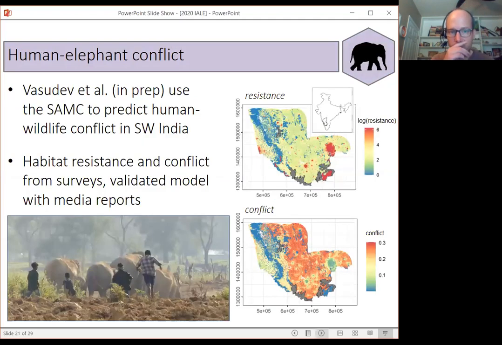Finally, we've applied this framework to human-elephant conflict in Southwest India, where Divya Vasudev and colleagues have used the SAMC to predict human-wildlife conflict, where they took information from surveys around protected areas to populate resistance and conflict maps shown here. And then they validated the model using media reports of elephant conflict from newspapers.